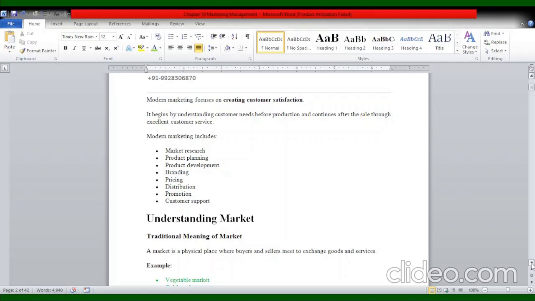Then you plan that you will add some new features and new quality to the product. We will develop the product according to our specification, or from the customer's point of view, the customer's specification. Then you brand it, you advertise, and you magnify your product, its features, and its highlights.